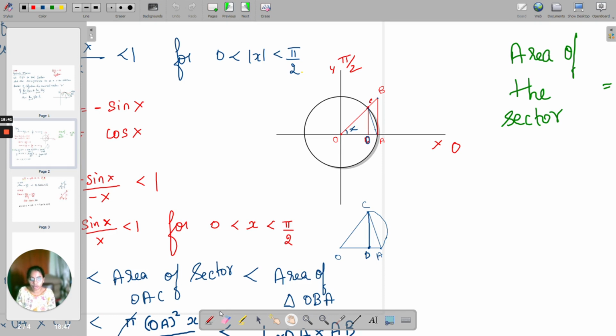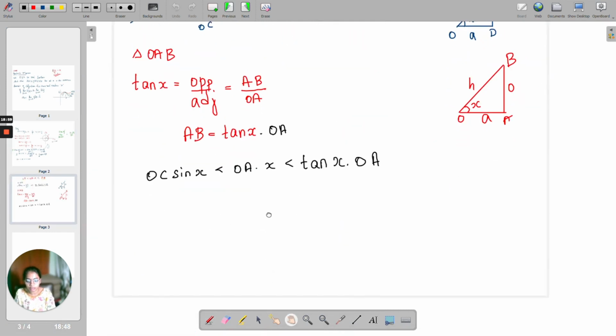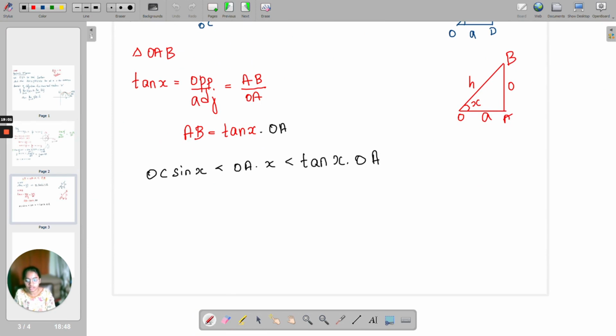You cannot have two radiuses for a circle. So can I replace OC with OA? Yes. Remember that OC is equal to OA because they are radiuses of a circle. So let me replace OC with OA.